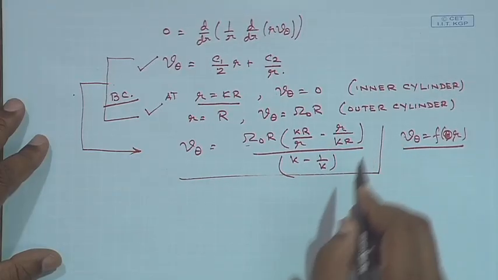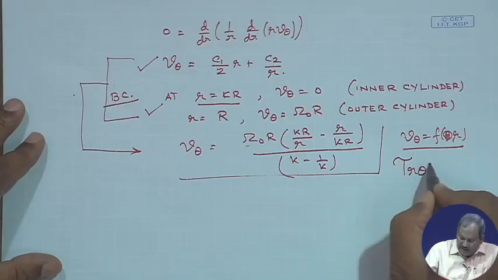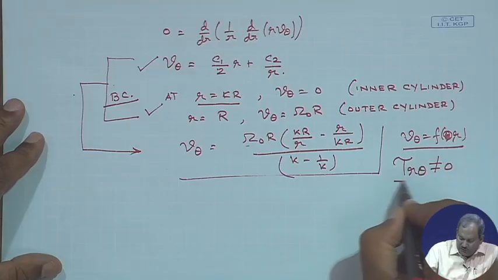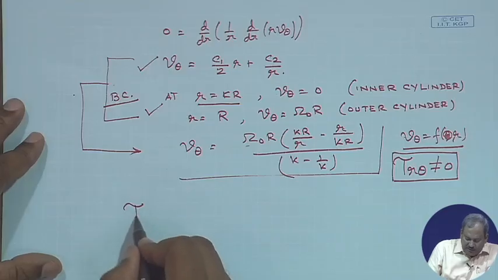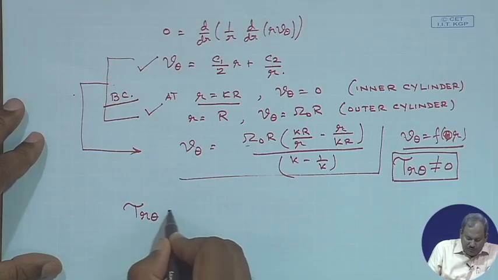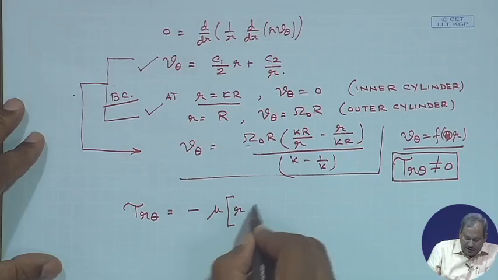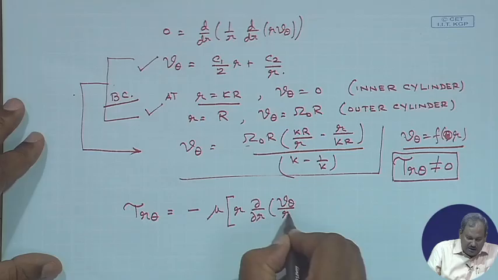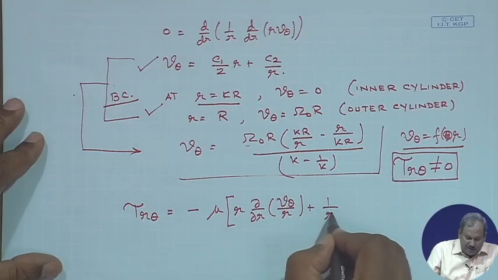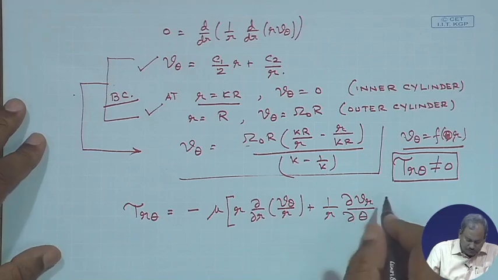So here you have the expression for velocity, and you realize that tau r theta is the only non-zero tau in this system. From the text, tau r theta is mu times (r del/del r of (v_theta/r) plus 1/r del v_r/del theta).